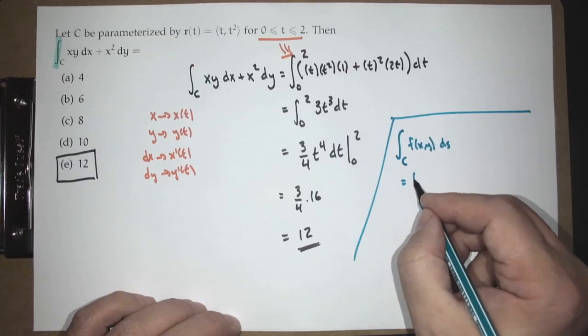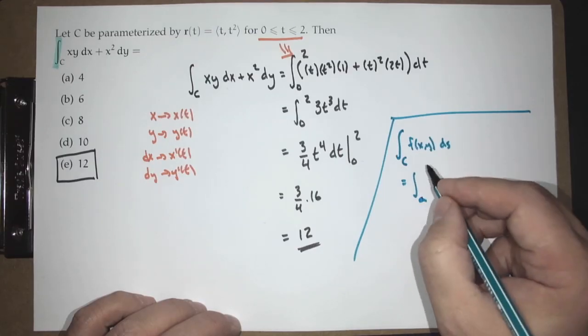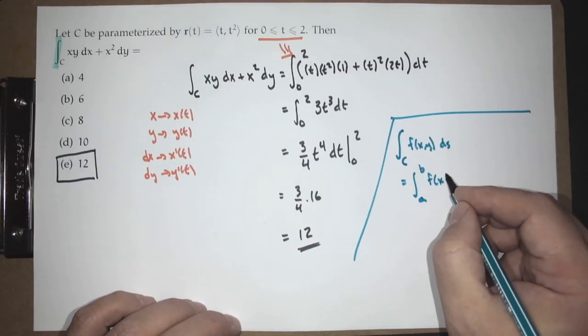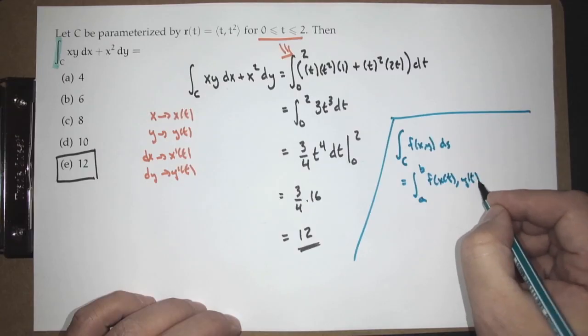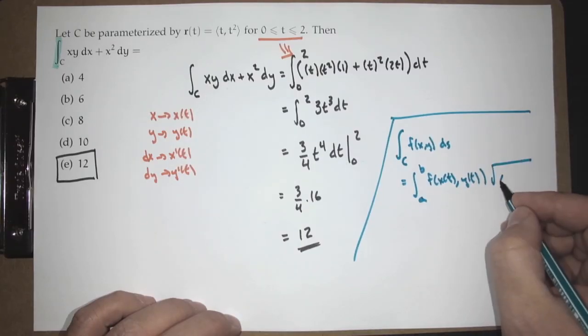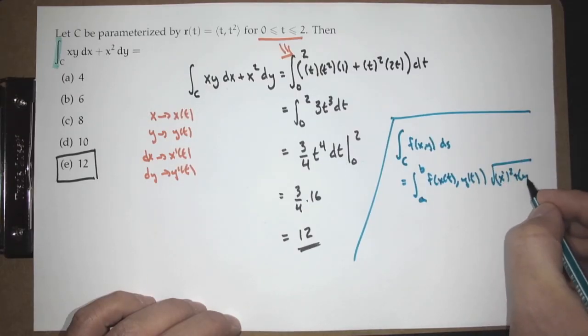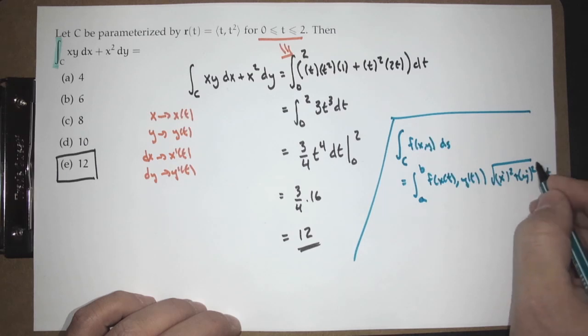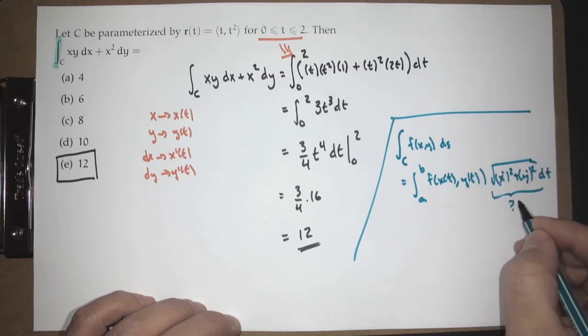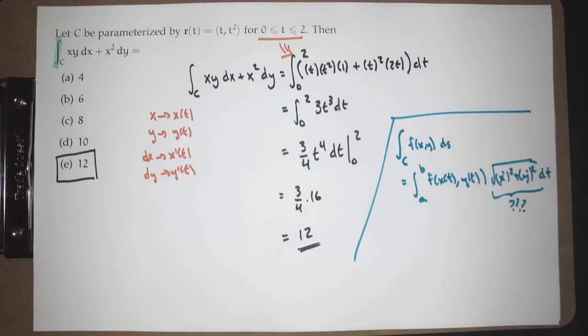In that case, it's the integral from a to b of f of x of t, y of t, times the square root of x prime squared plus y prime squared dt. Where did this go?